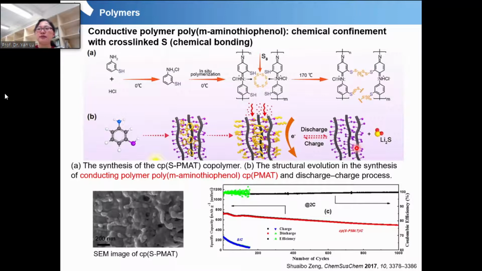Professor Uli Schubert's group is one of the best in Germany and also in the world working on polymer-based batteries. And in their program, they have also included the polymer-based lithium-sulfur battery.